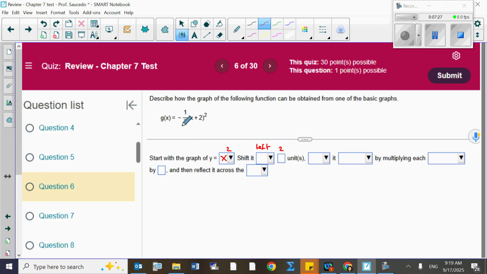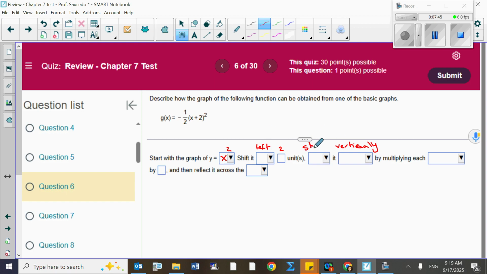And I have a 1 over 2 that is multiplied outside of the function. So that means this is a vertical shrink because 1 over 2 is less than 1.